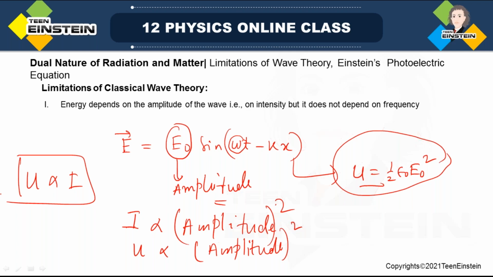Electrons subjected to this kind of radiation will absorb more and more energy, and hence we should expect that the emitted electron should have more energy, more kinetic energy.